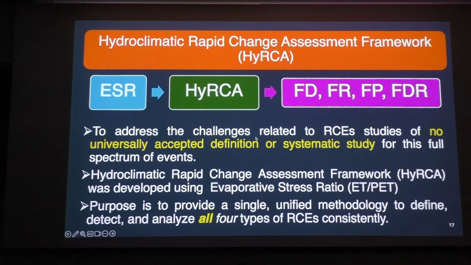This framework will help reduce the gap where there is no unified framework for predicting or identifying these events, and provide a way to analyze all 4 rapid change events consistently.